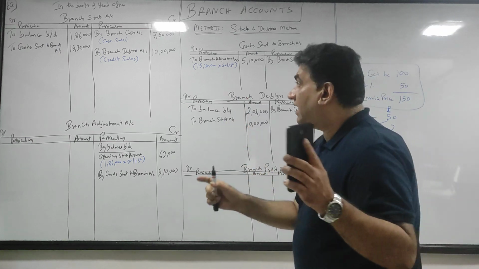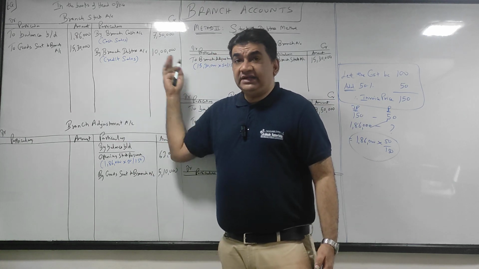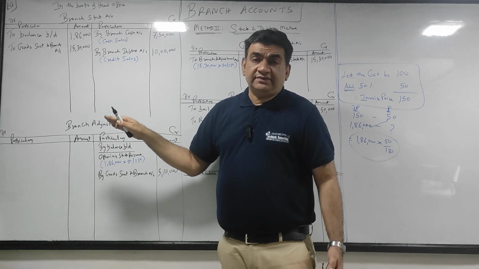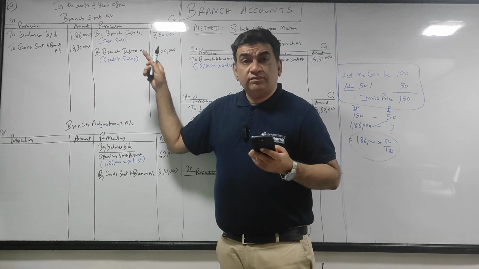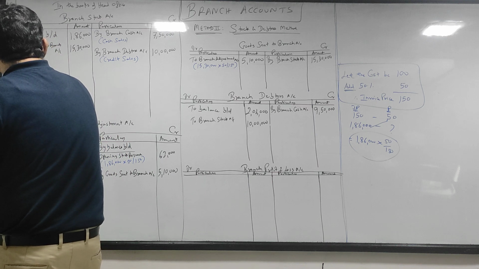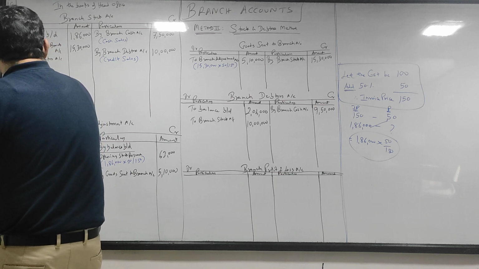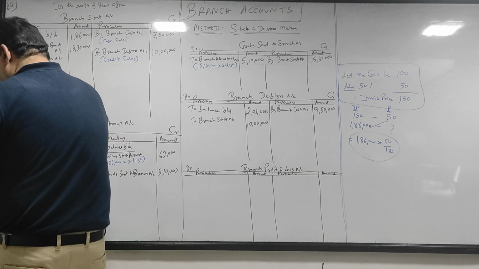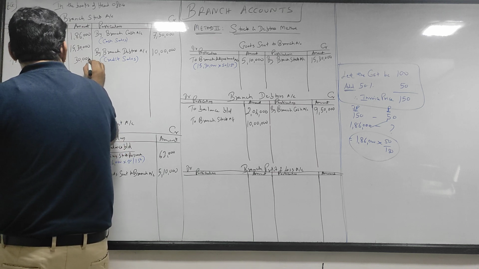Whenever I sold to debtors, when I sold goods I credited, goods went out. Now out of this 10 lakh there are some goods which are defective, so debtors are returning them. To whom are they returning? To the branch. Debtors are returning it back to the branch, so the branch is receiving those goods coming back, so you will debit, and you are getting it from debtors. So to branch debtors account, in brackets you can write sales return, and the amount is 30,000.